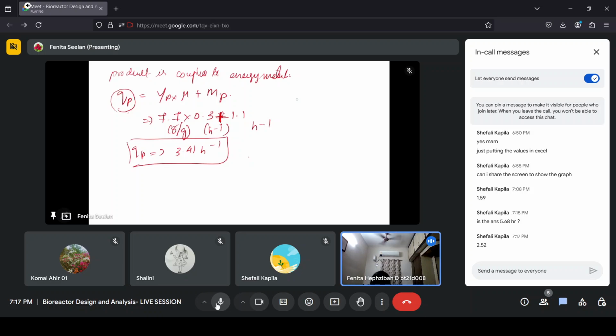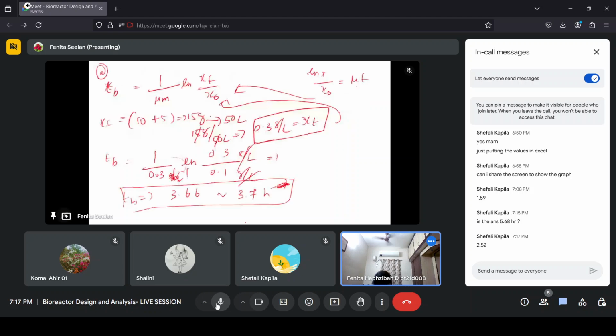Initially there is no product present. There was nothing given as initially this much gram of product was present. So P naught is 0 and P at time T is 100 grams. The 100 grams is produced with respect to how much liter of medium they were talking about from the start.